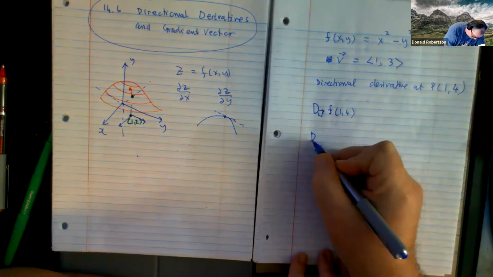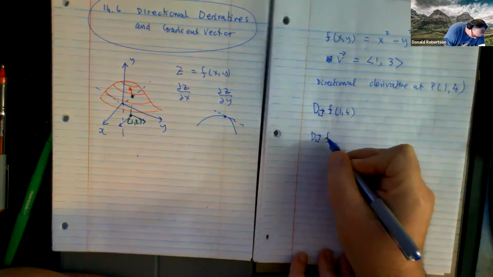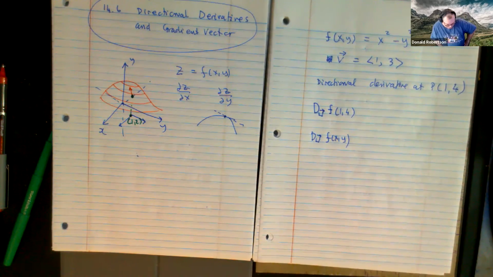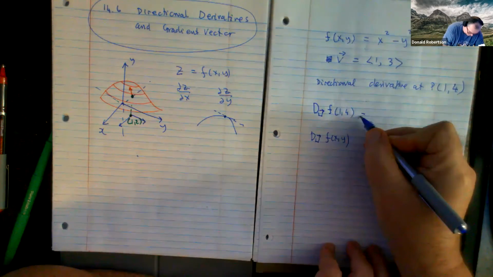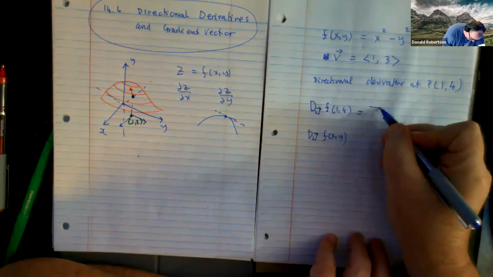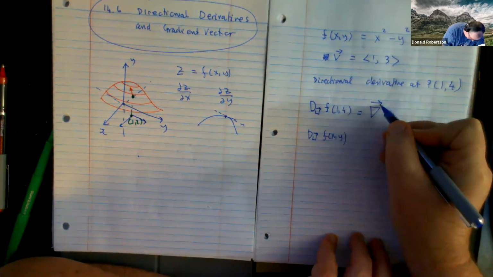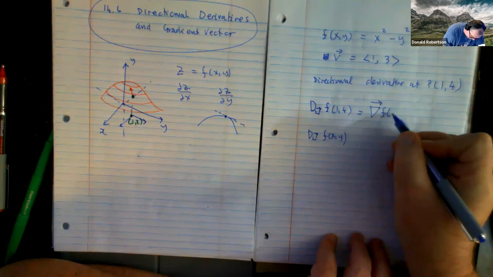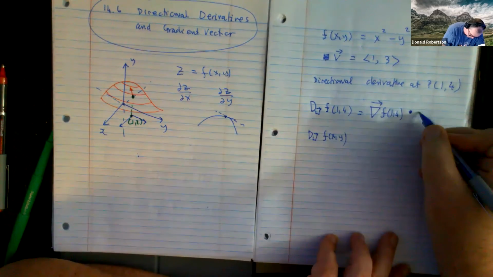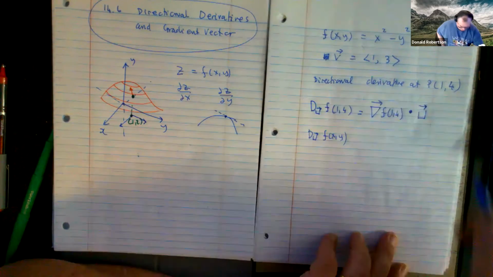If you want to do a general version of it, you would just do that. And the formula for calculating it is the gradient vector evaluated at (1, 4) dot product with the unit vector.